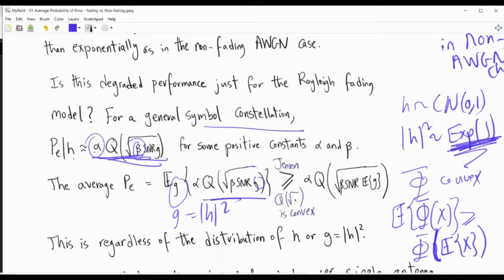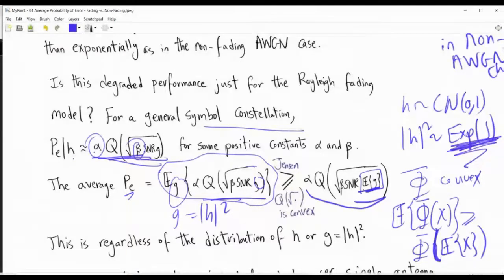So let's look here. What is going on? The average probability of error for the fading case is always bad. It is always greater than or equal to the same Q function applied to the average here.